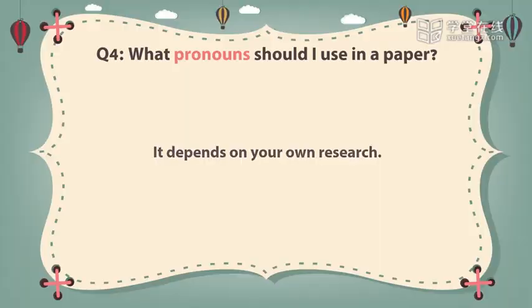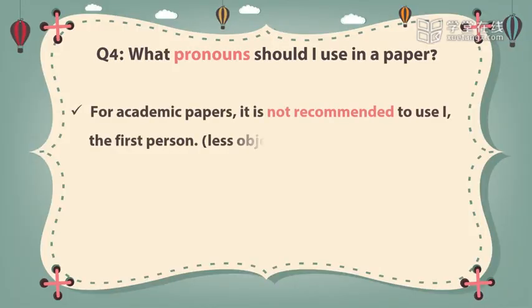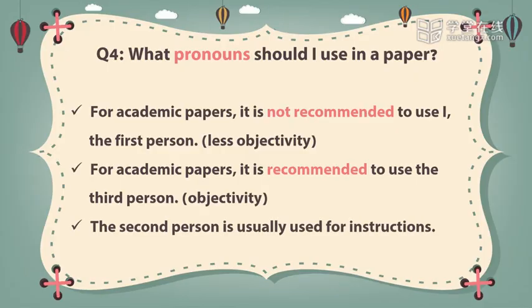But again, for academic papers, it is not recommended to use I, the first person, because there is less objectivity. That's why the third person is the one that we use in academic papers, because it gives objectivity, it makes it more distant. And the second person is usually used for instructions that maybe you have to write, or speeches.